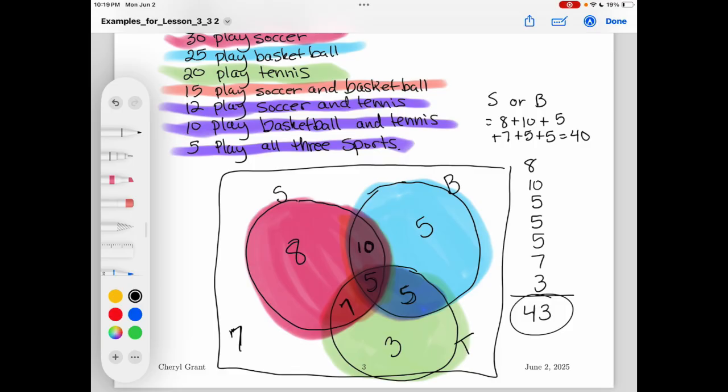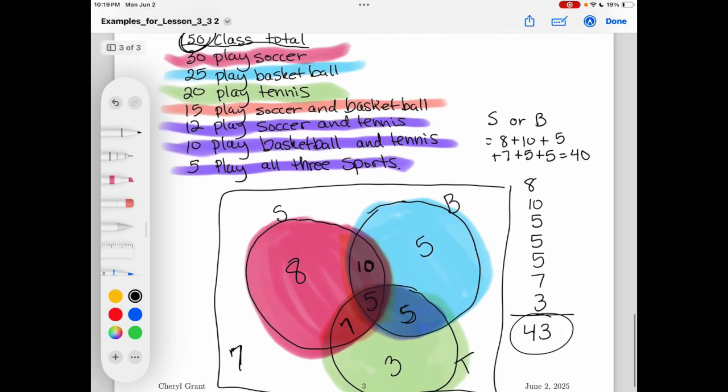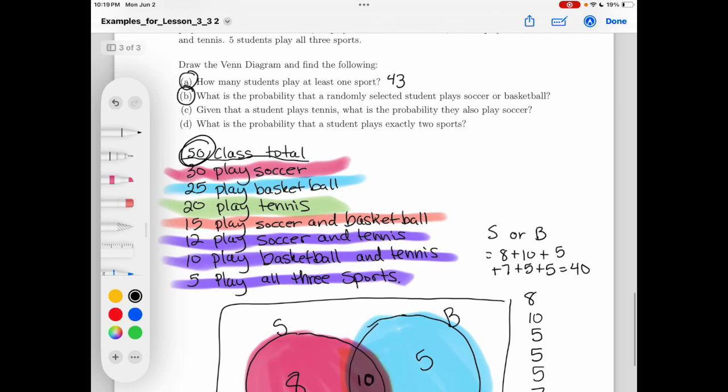That gives me a total of 40 people that play soccer or basketball. And there's 50 in the entire class, in the entire sample. So I would have 40 out of 50 is my probability of someone playing soccer or basketball. And if I put that in decimal form, it's 0.8.